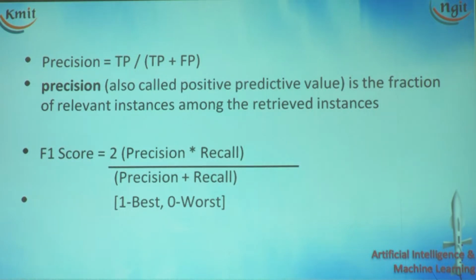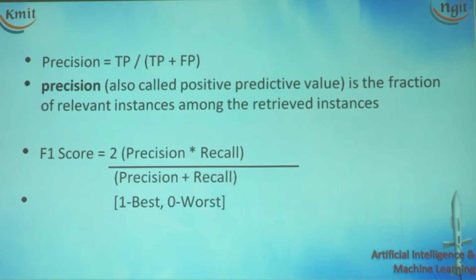So what is that in the matrix? True positive plus false positive, meaning the predicted as positive. What are the predicted as positive over true positive plus false positive?